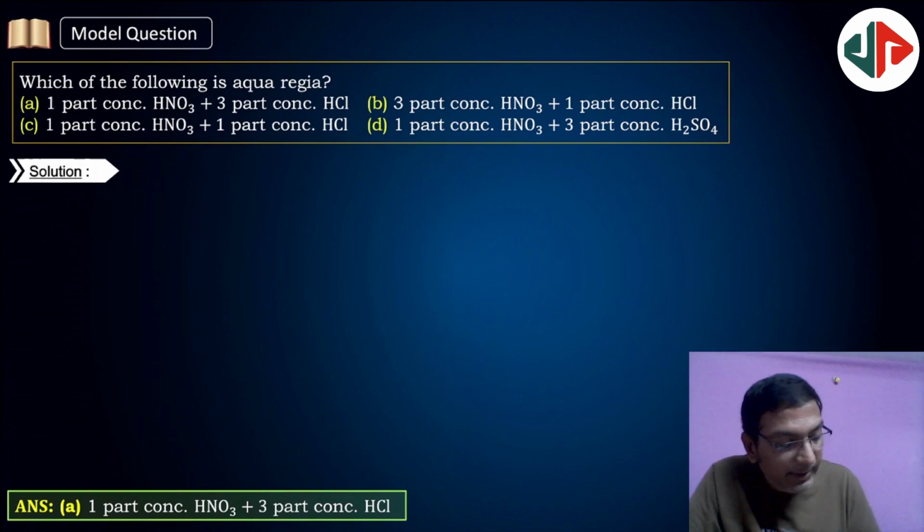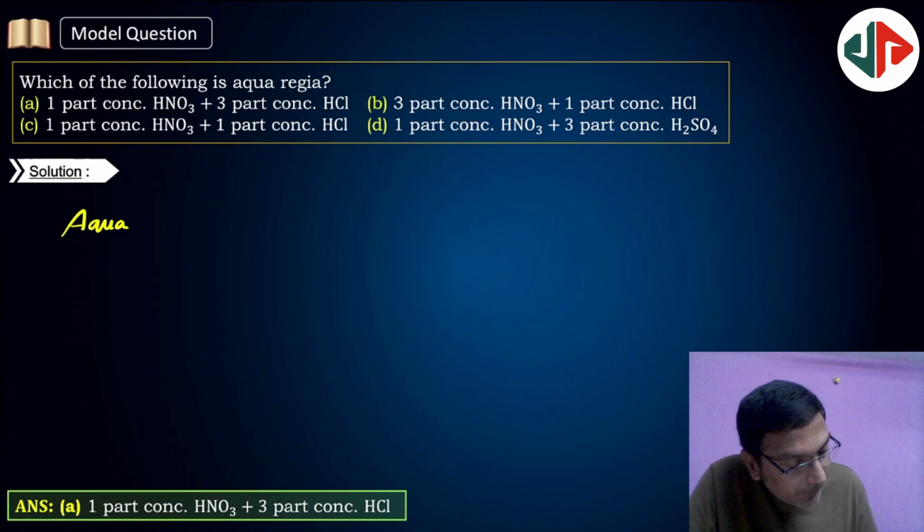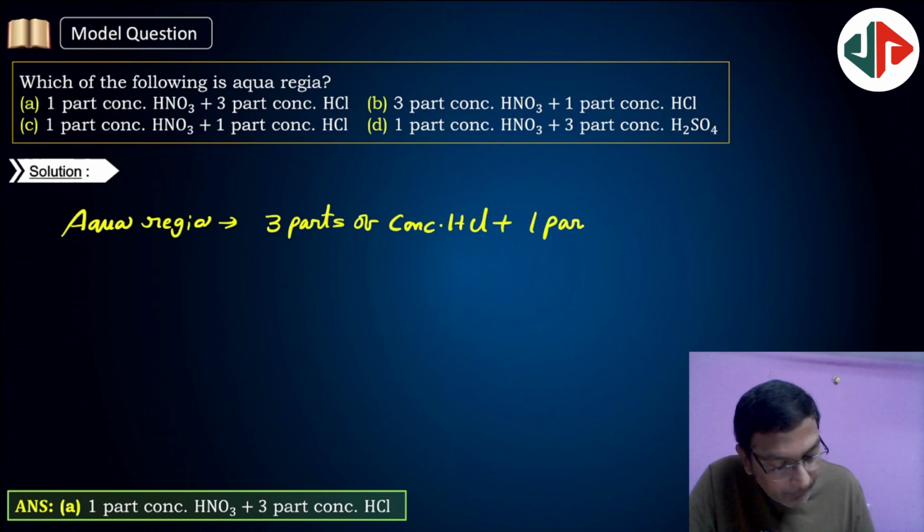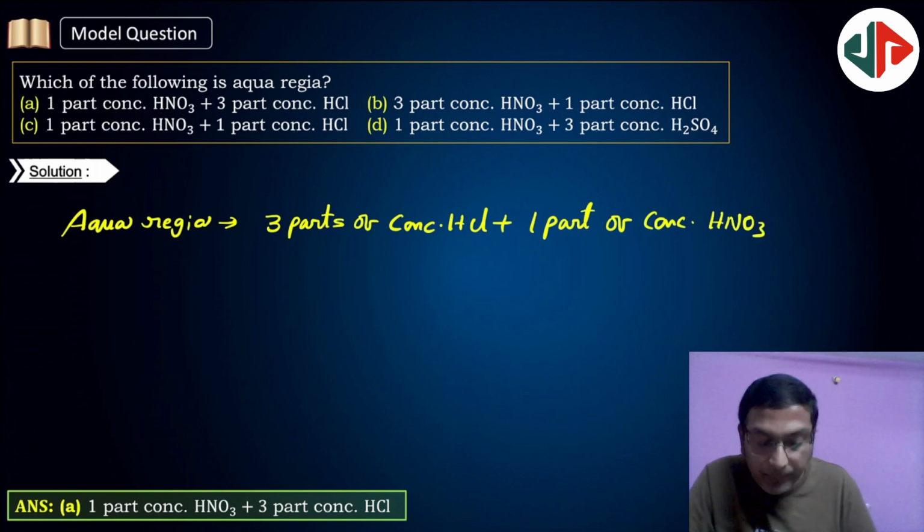So which of the following is aqua regia? So aqua regia is 3 parts of concentrated HCl plus 1 part of concentrated HNO3.